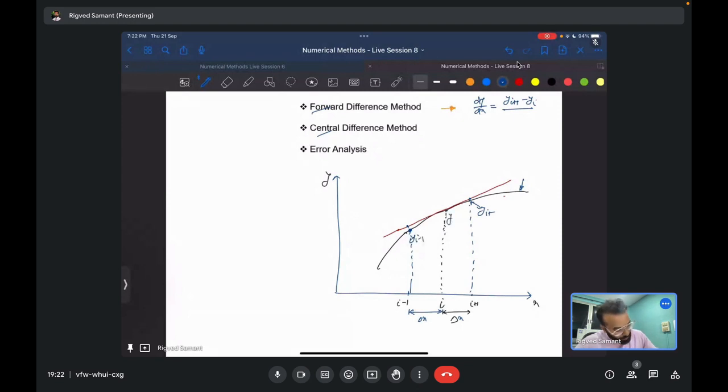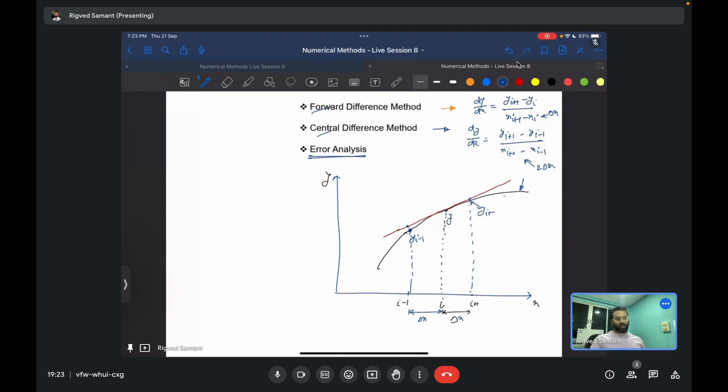In central difference, dy by dx is yi plus 1 minus yi minus 1, divided by xi plus 1 minus xi minus 1. If you call this a delta x, the denominator is 2 delta x. This is how the formulas are, and in the video lectures we saw the error analysis.